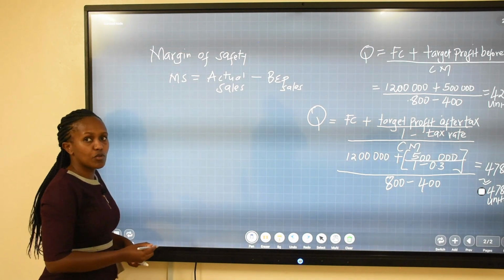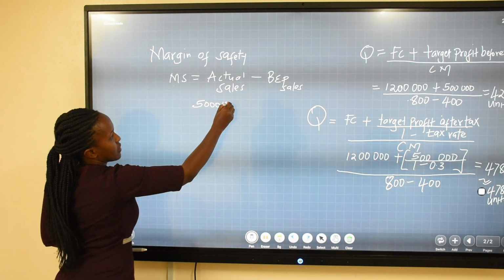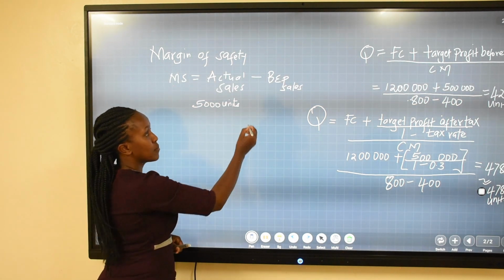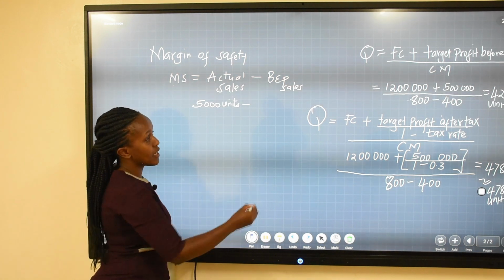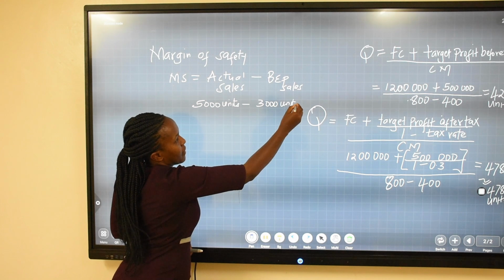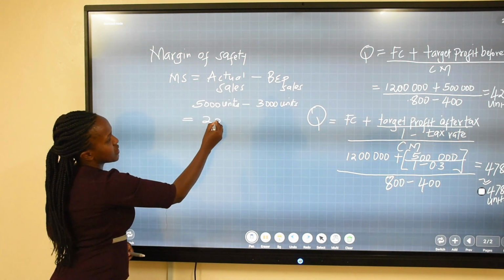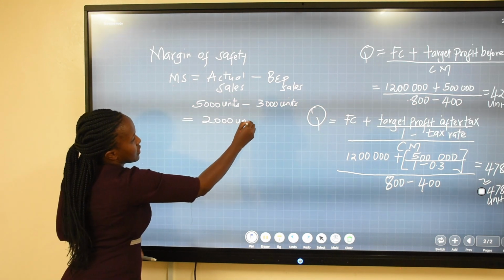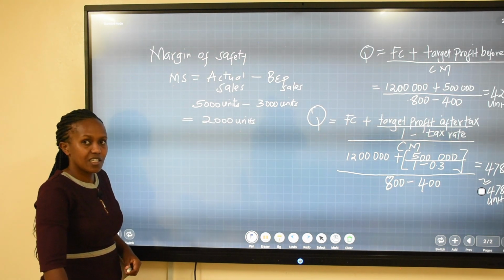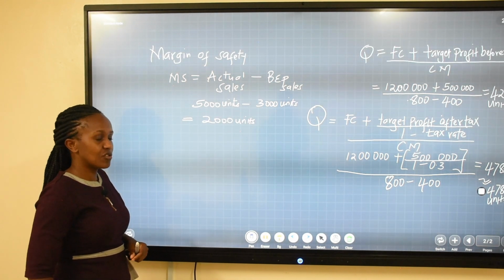We had been told in our question that the actual sales is 5,000 units, and we have computed that the break-even point sales is 3,000 units. This means that our margin of safety is 2,000 units. So we are above the break-even point by 2,000 units.